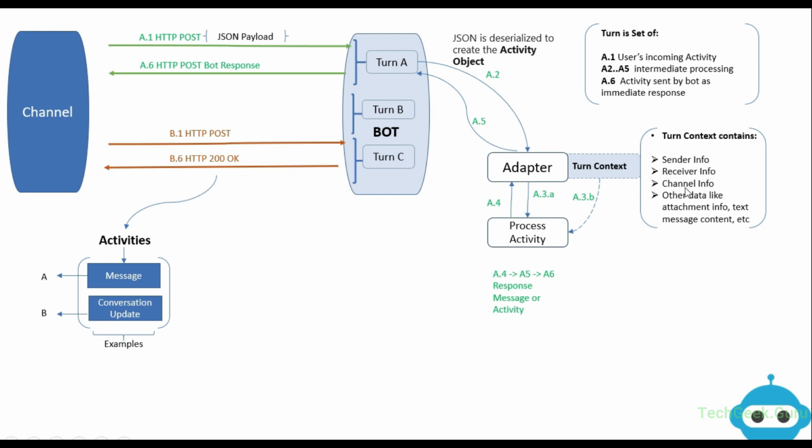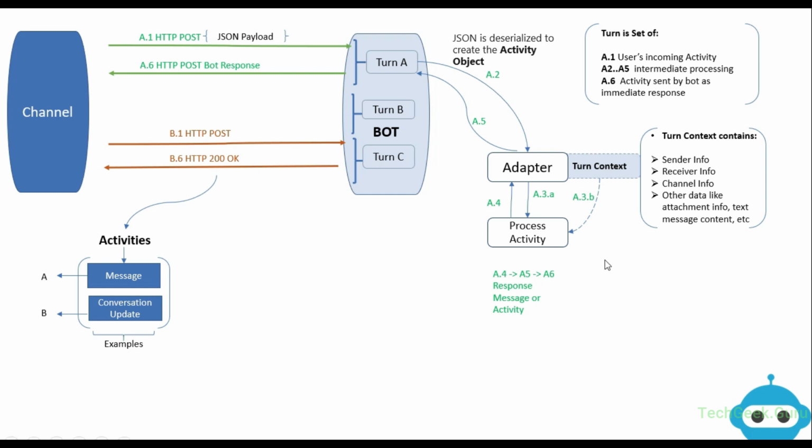The turn context will also include information like the channel info and other data like attachments if there are any, the text message sent by the user, and if there is speech or any other type of data sent by the user, the turn context will hold that data.